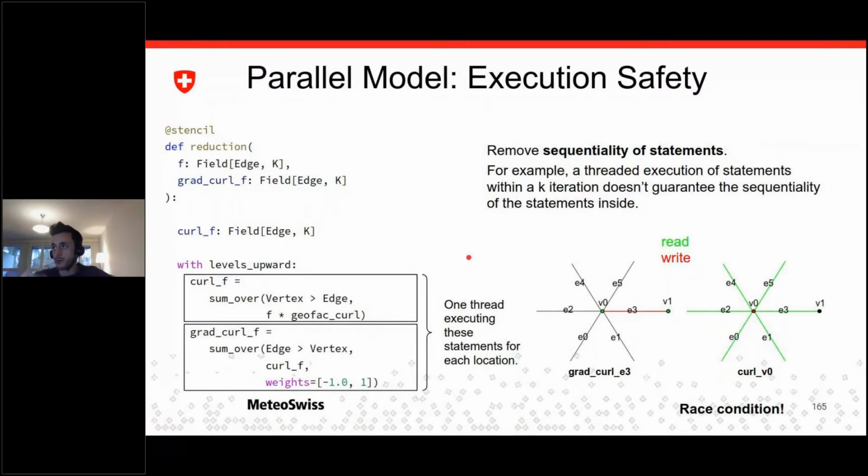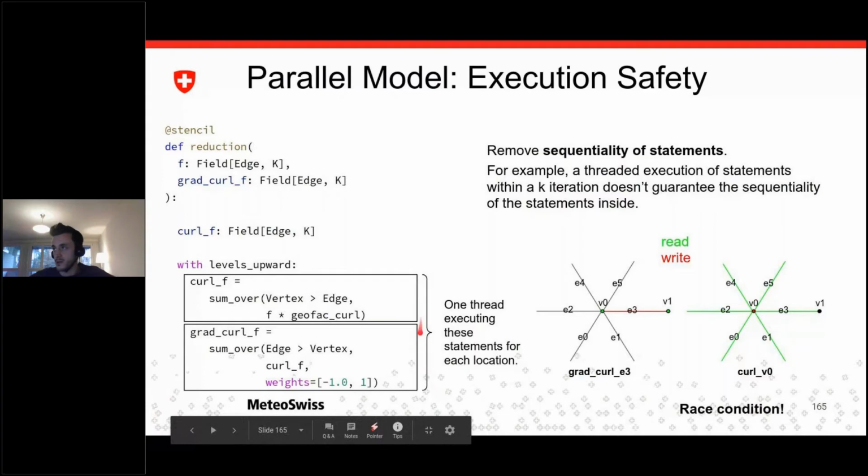So another relaxation we could do is remove the sequentiality of statements. One question will be, why would you remove the sequentiality of statements? Again, a possibility could be because I want to do a threaded execution of multiple statements.